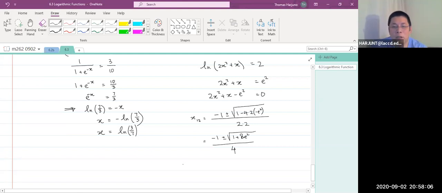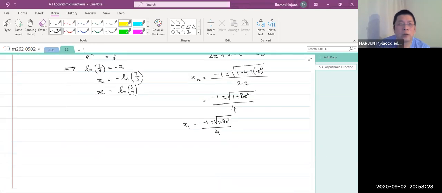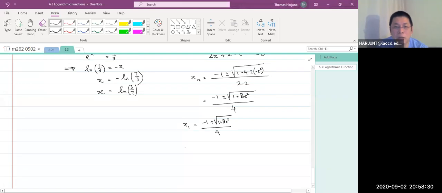Okay, now the thing is, we have 2 solutions here. One, the positive branch, which I believe will work, because when you plug that in, the argument has to be positive. Now the second x will give us a negative value.